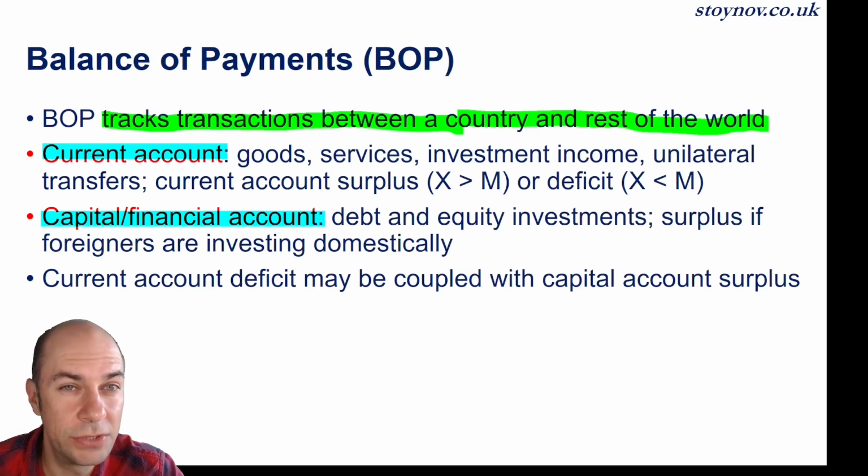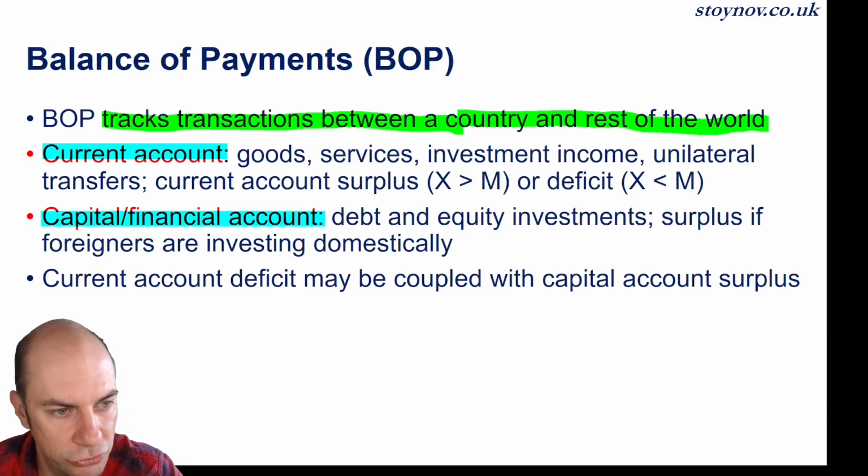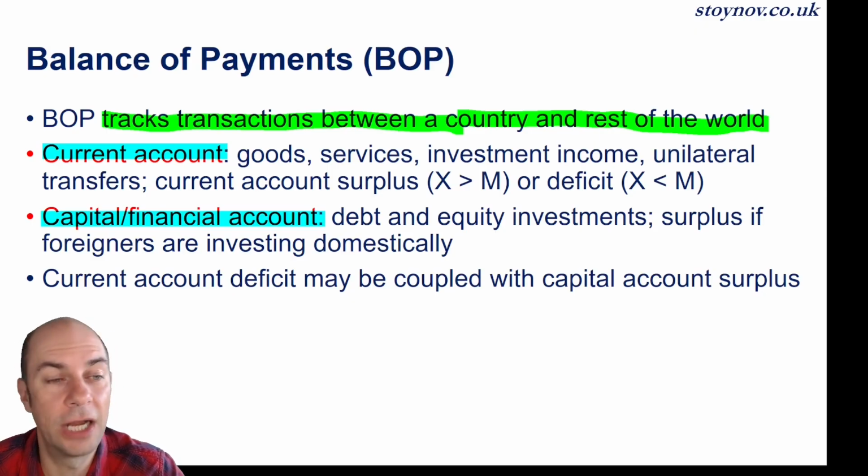Unilateral transfers will typically be gifts. If I go and work abroad and send money back home to my family, that's a unilateral transfer. All of these fall under the current account.